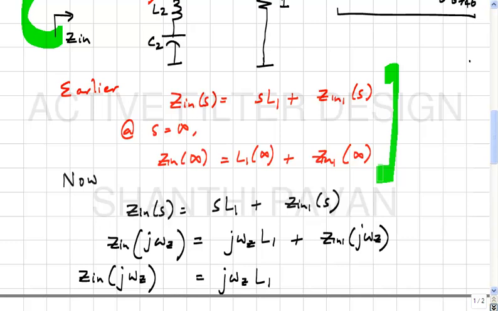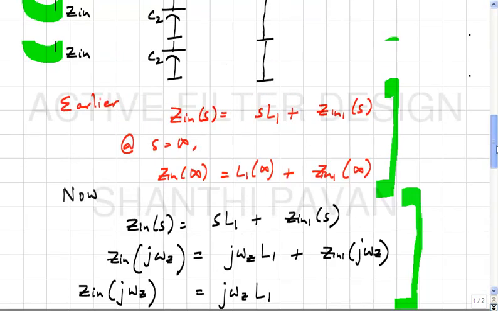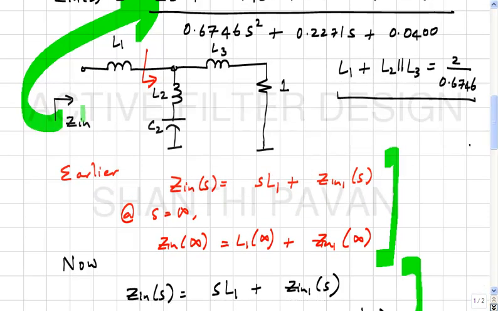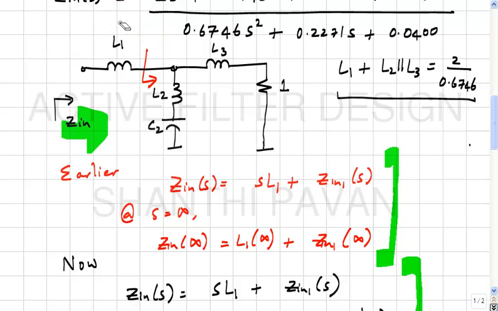Is that clear? Now we apply the same logic here, except that we are now interested not in the behavior at s equal to infinity, but at s equal to a finite zero of transmission. Okay. So again, Zn of s, which is this impedance here, is sL1 plus Zn1, right? This is what I call Zn1.